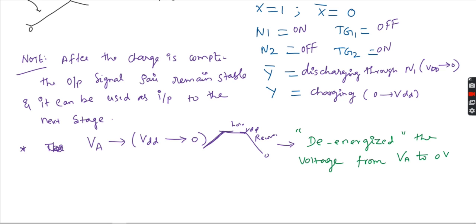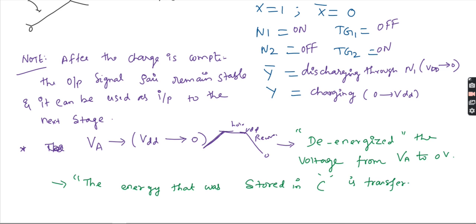The voltage goes from VA to 0 volt. In this step, the very important thing is that the energy that was stored in the capacitor C is transferred back to the power supply.